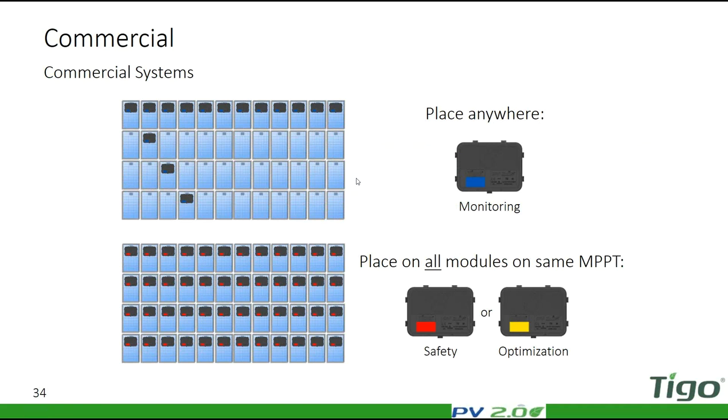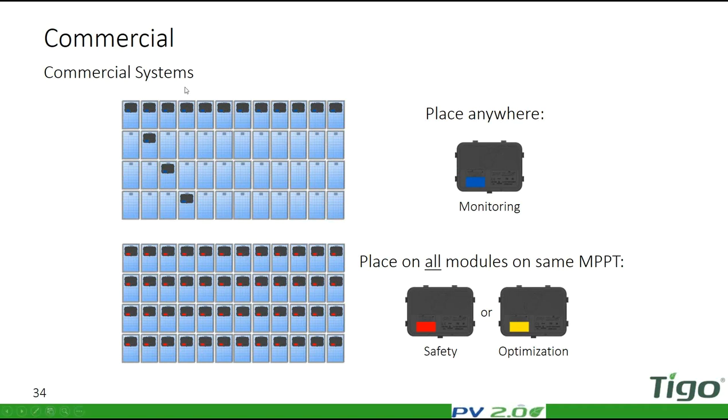If we look at the commercial applications, so we have the TS4 monitoring, and what you can do with the TS4 monitoring is basically place it wherever you want. It's a passive component. It gives you module level data, and you can use it in each and every place that you want.